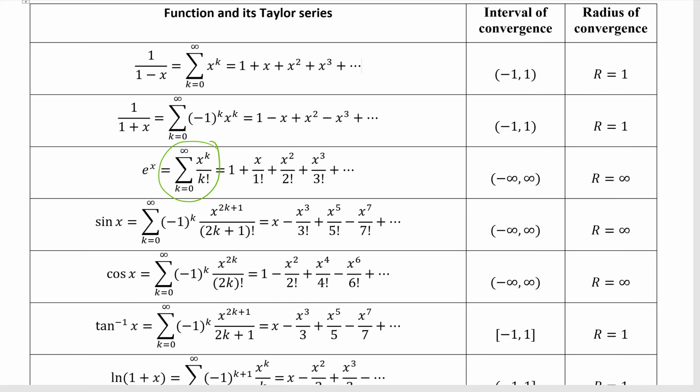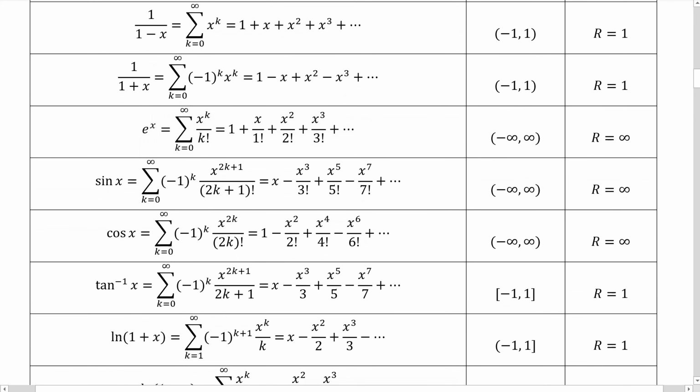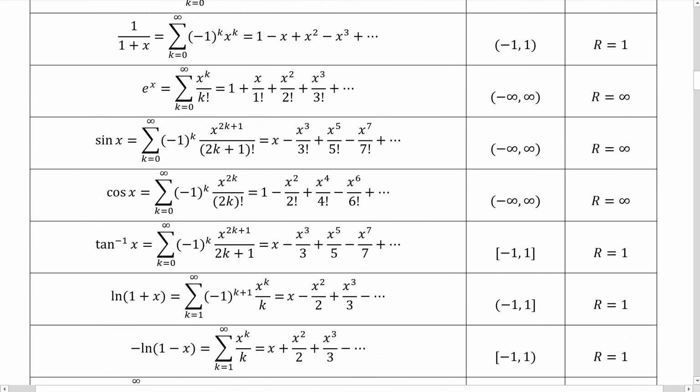We also have the sine formula, cosine, arctangent, and ln of 1 plus x. So far, so good. For the exponential function e to the x, sine and cosine, the interval of convergence is minus infinity to infinity. So the series converges to the function at all values of x, at all points.